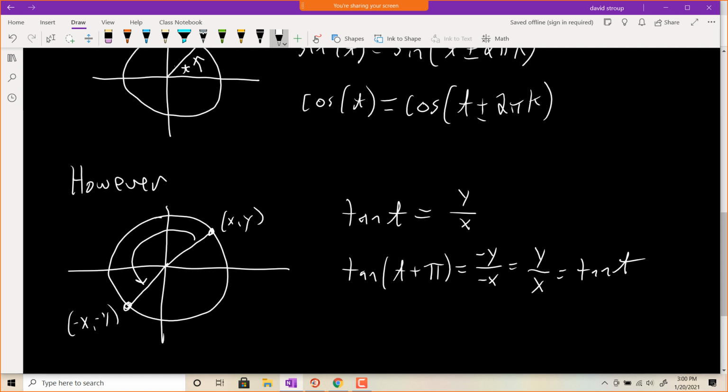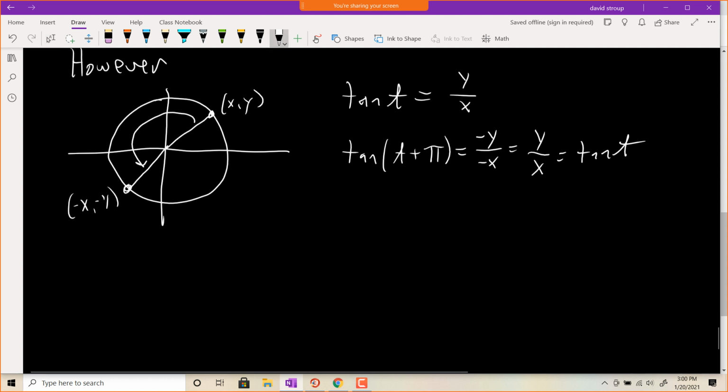So for the tangent and the cotangent, it's periodic, but not in the same way as cosine and sine. Okay, so hence what you're going to see in the book for tangent and cotangent is this. You'll see tan t equals tan of t plus pi, or any multiple of pi.